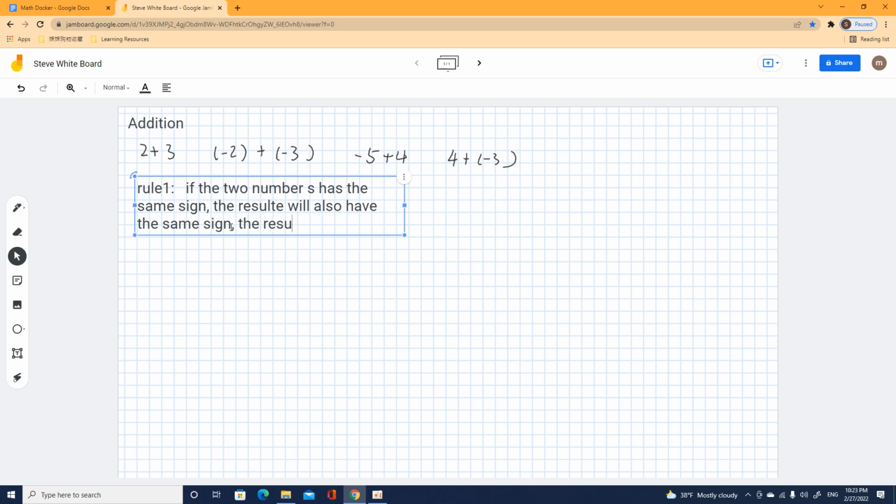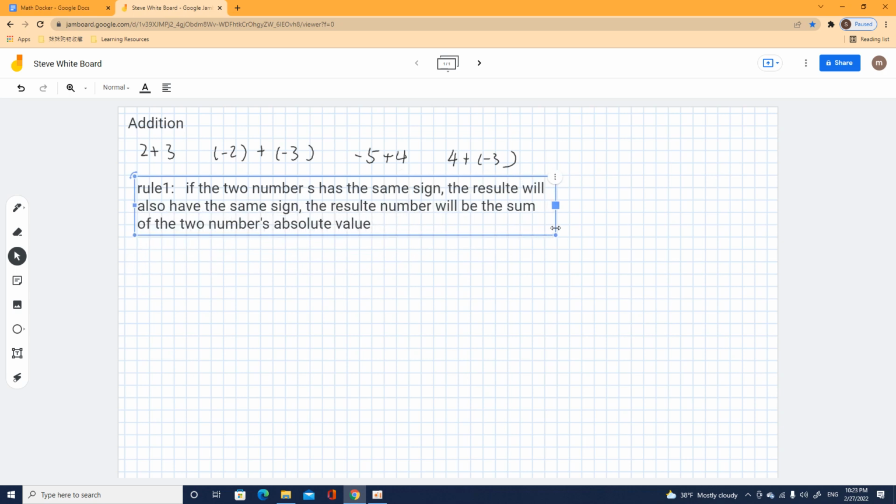The result number will be the sum of the two numbers' absolute values. Okay. Now let me explain this.